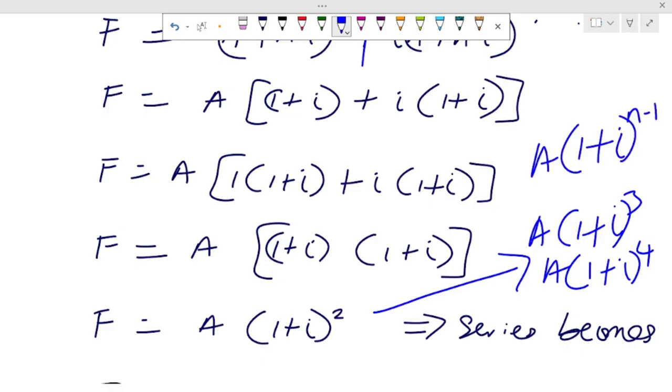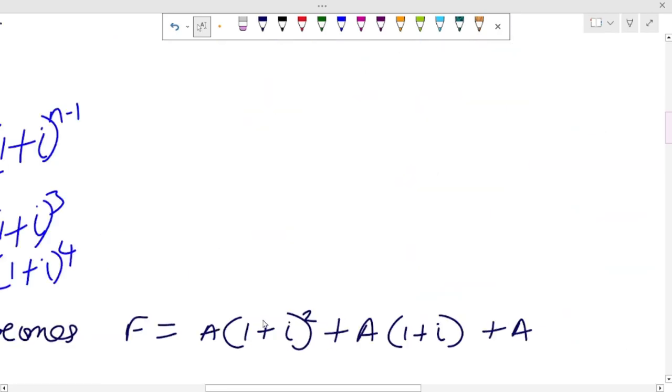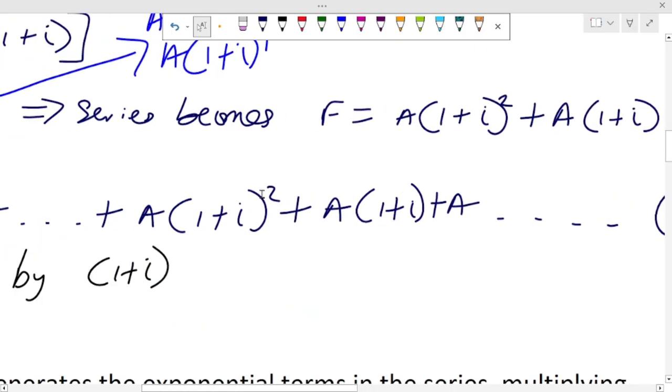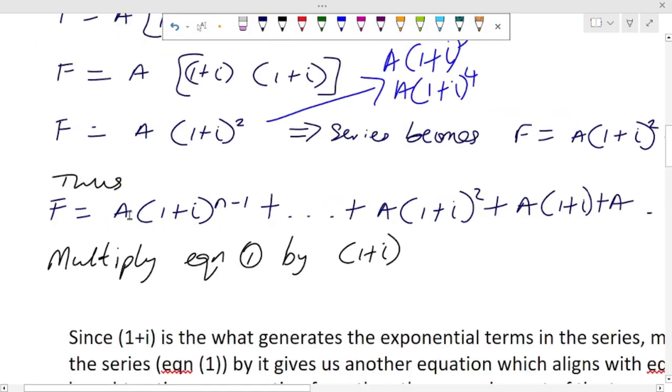Is that clear? So when we have this for the third year, that means for the third year, our series will be what? First year plus second year plus third year. So if we have n number of years, the series will be what? For n number of years, this is the formula I just showed you here. So F equals this. This is the nth year. N minus 1.